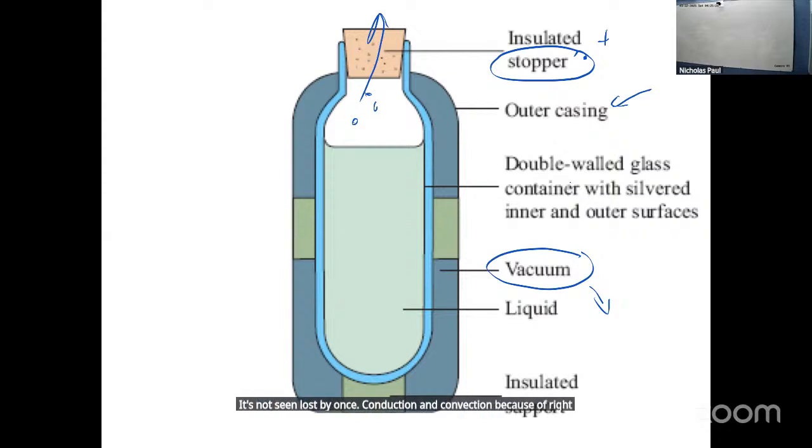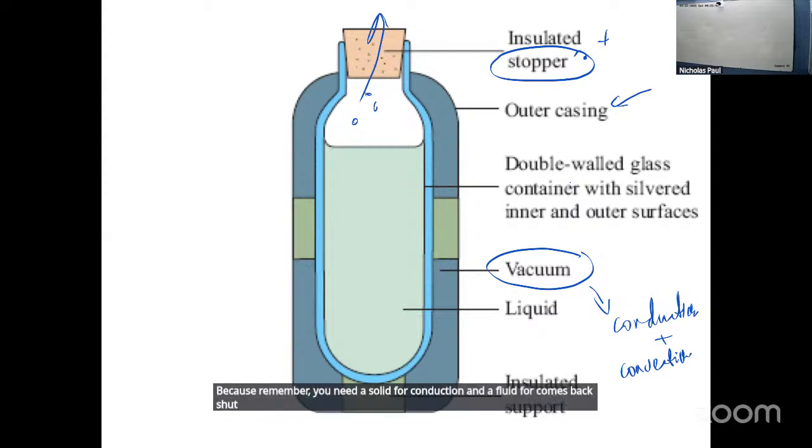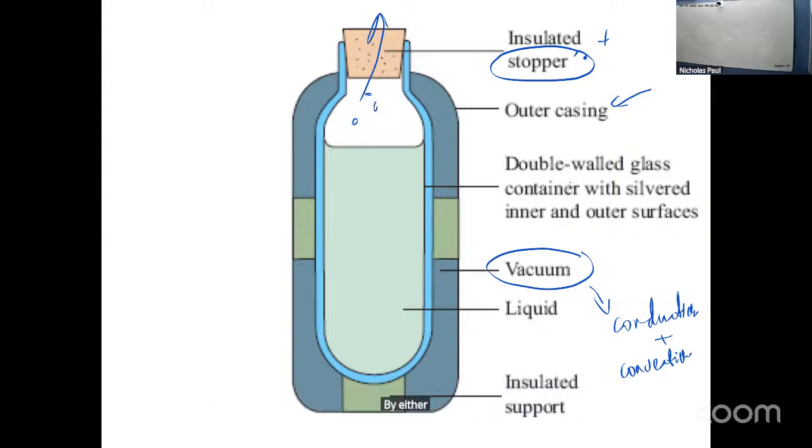So the vacuum stops heat loss by conduction and by convection. Because remember, you need a solid for conduction and a fluid for convection. So if you have a vacuum, you can't lose heat by either one of them.